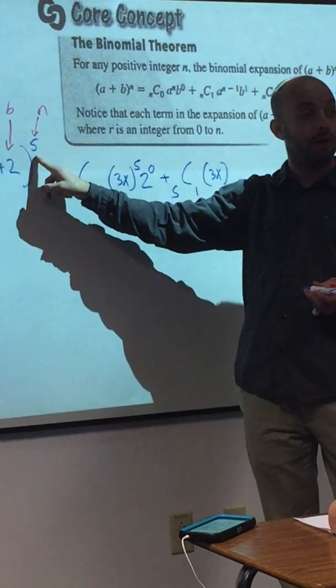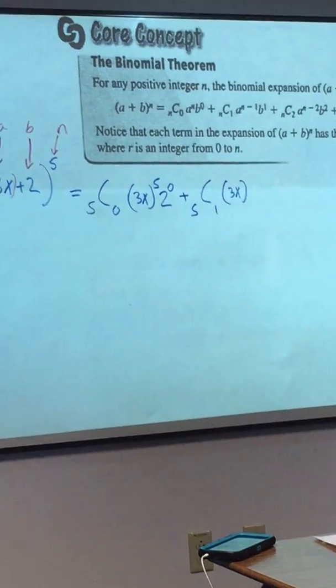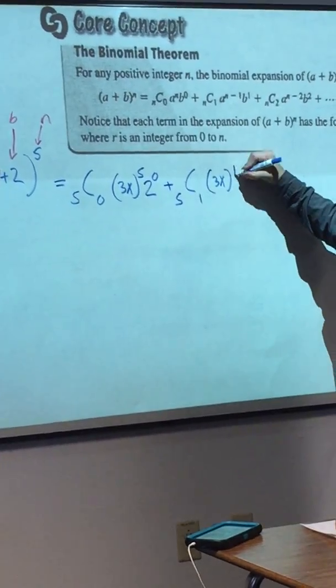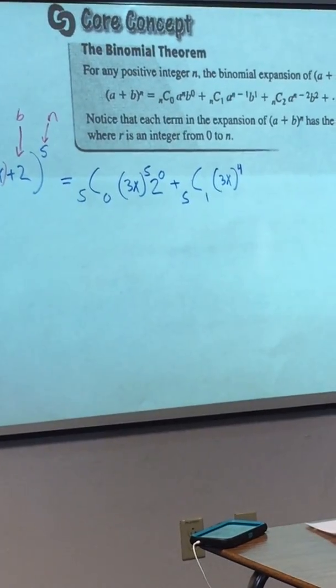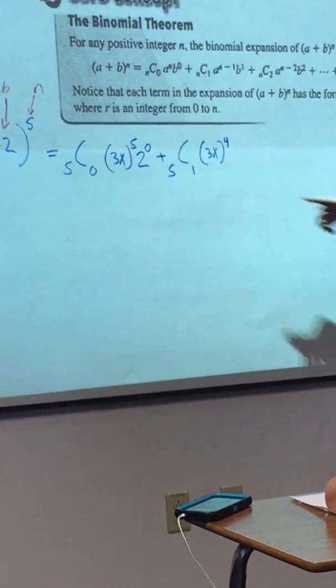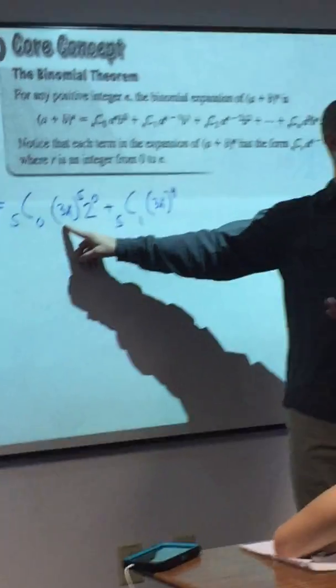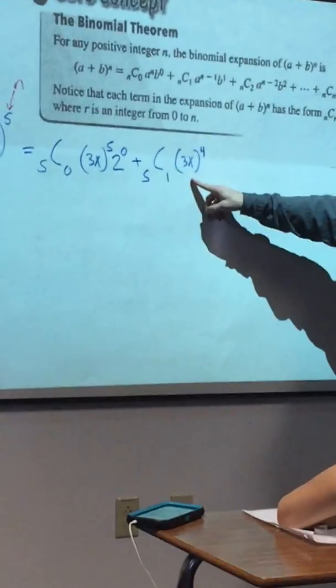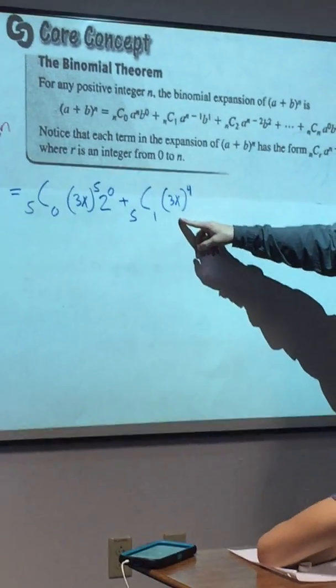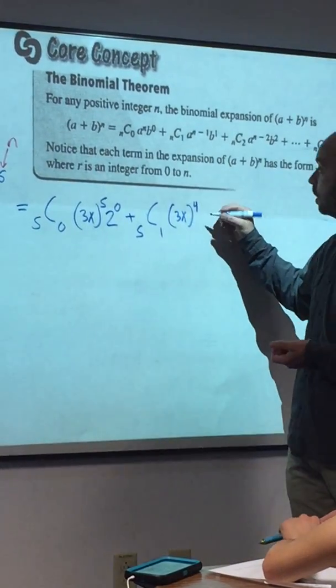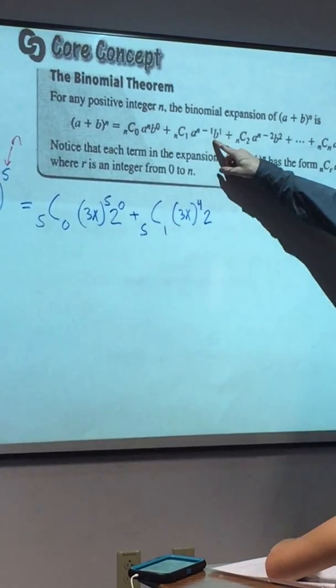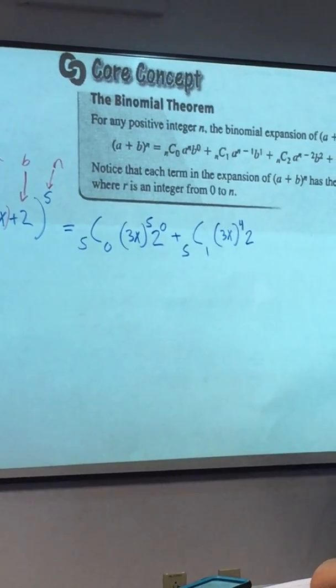And n was 5, so n minus 1 would be 4. So it went from being 5, the exponent on 3x, to being 4, the exponent on 3x. Next, b is 2, and the power here is 1.